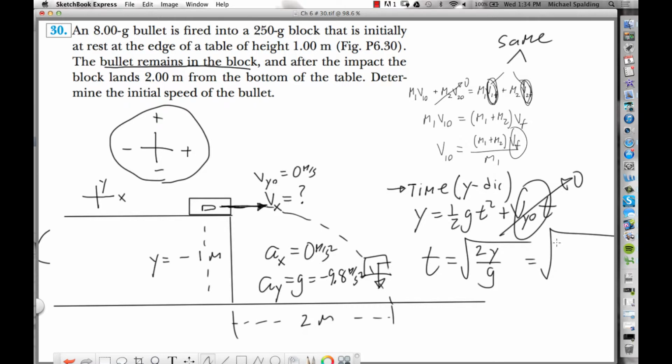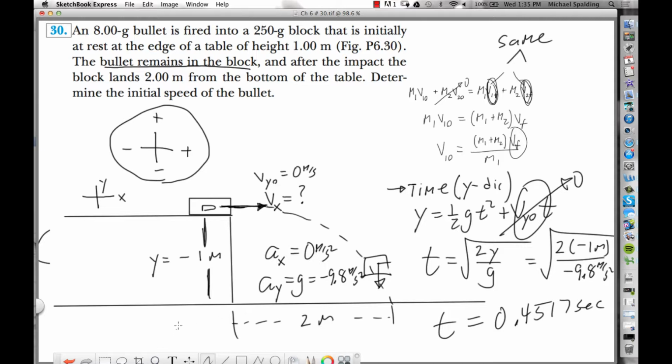That's the square root of 2 times negative 1, because our vertical displacement is 1 and it's negative because it went down, and then gravity is negative 9.8. This gives us a time of 0.4517 seconds. So that's time in the air.